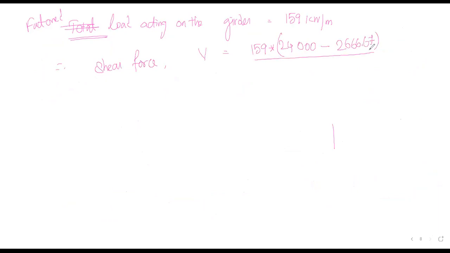So 159 into (24,000 minus 2666.67 divided by 2) becomes 1695.99, which is nearly 1696 kilonewton. This is V.